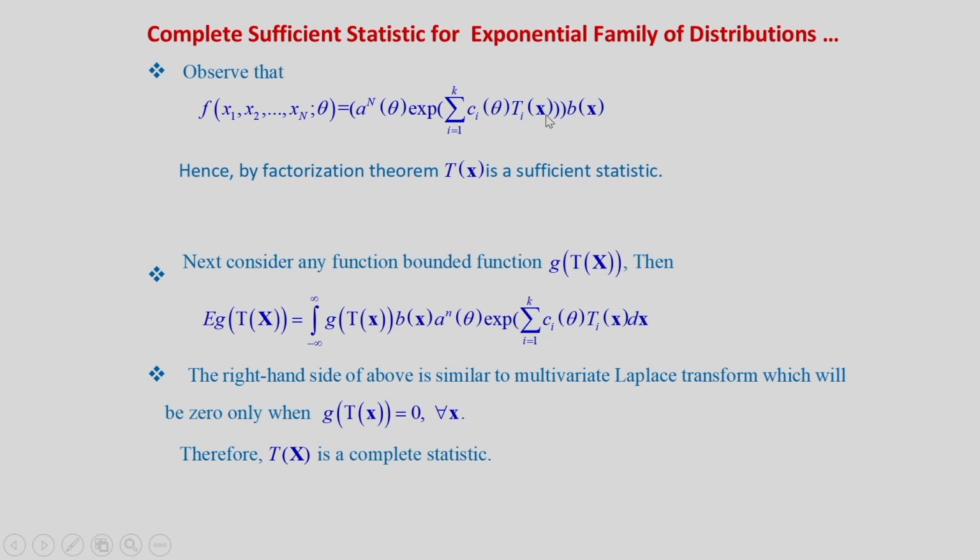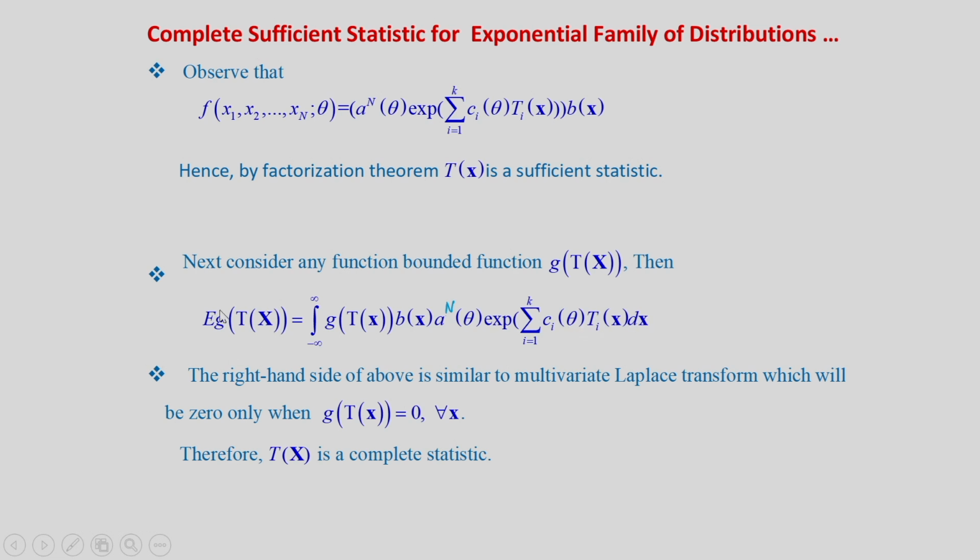We have to prove that it is a complete statistic. Next, consider any bounded function of the form g(T(x)). Then we have to find the expected value of g(T(x)) to check completeness. Therefore, E of g(T(x)) is the integration from minus infinity to infinity of g(T(x)), that is the function, into the PDF. Now, the PDF is b(x) into a to the power n (theta) into exponential of the summation of ci(theta) T(x) into dx.